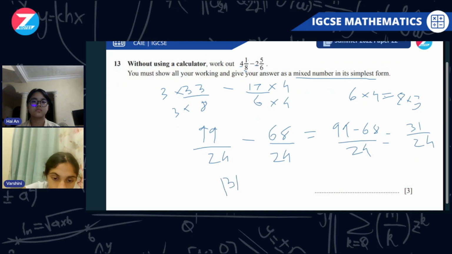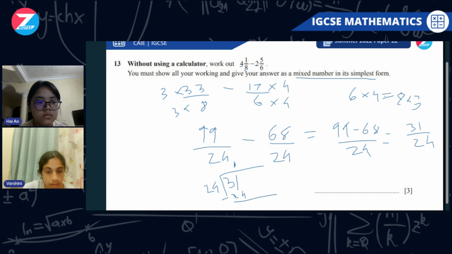So 31 divided by 24. So 24 is going to go one time into 31. And down there it's going to be 7. So now we have this. We know that to write this as a mixed number, we do the top, which is 1 and 7 by 24.